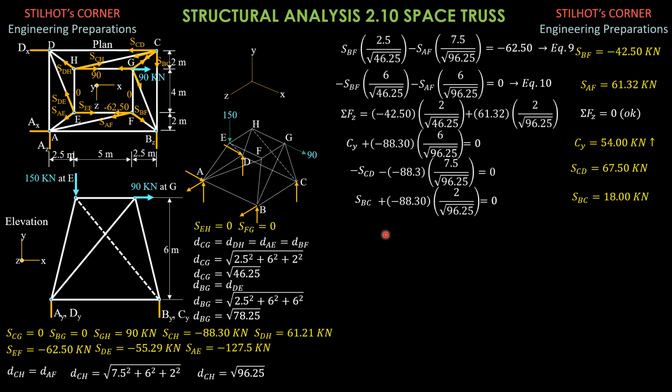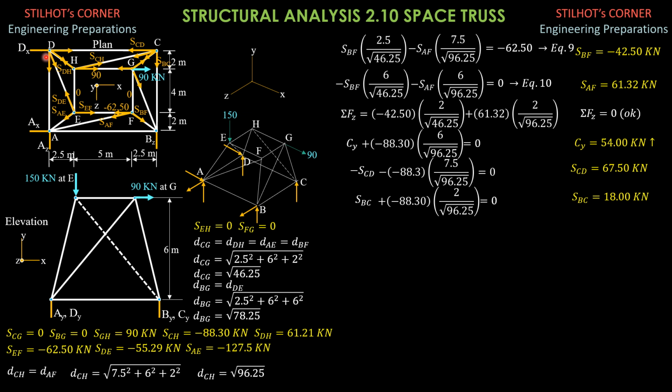We then proceed to joint D. So these are the unknowns. Let's solve for DX first. Summation forces horizontal, because we already found DH and DE. This is SAD, not yet involved.